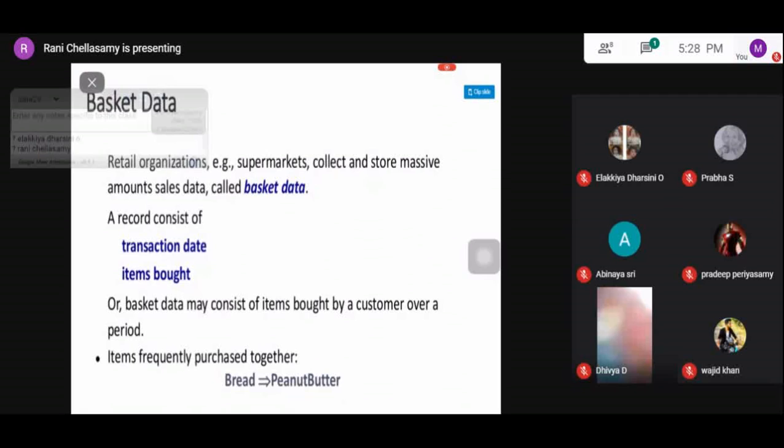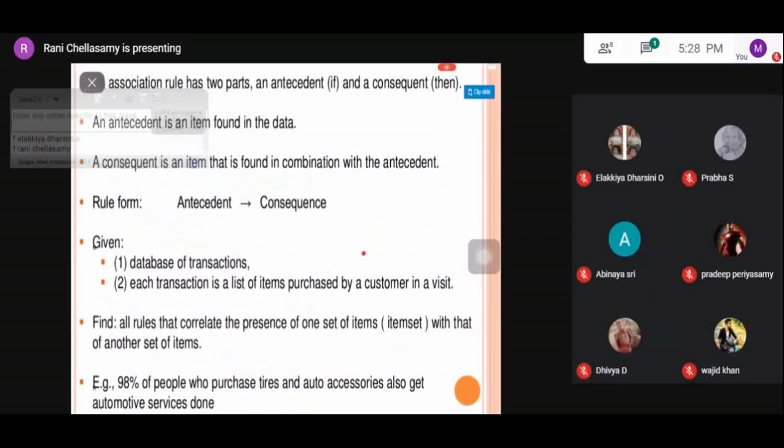Basket data may consist of items bought by the customer over a period of time. With items frequently purchased together, you can frame the association rule: if the customer buys bread, then he might also buy peanut butter. That's the main motive of this.